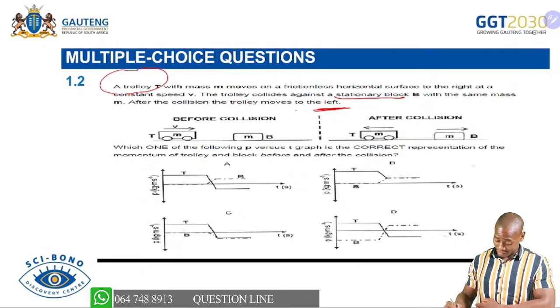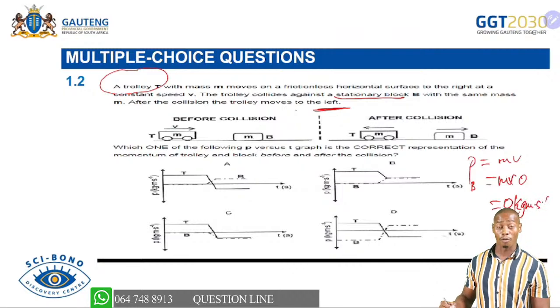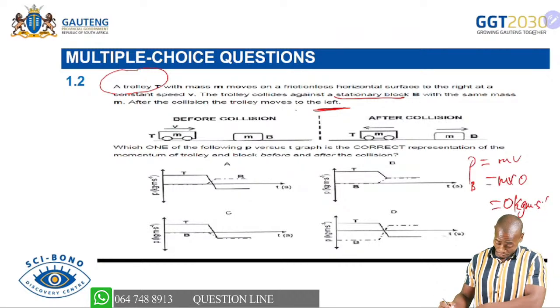So if B is stationary, p is given by mv, right? So we are given the mass of B is m, and then B initially is stationary, right? Since this is stationary, we need to multiply that by 0. So we are expecting the momentum of B to be 0 kilogram meters per second, initially, or before collision.